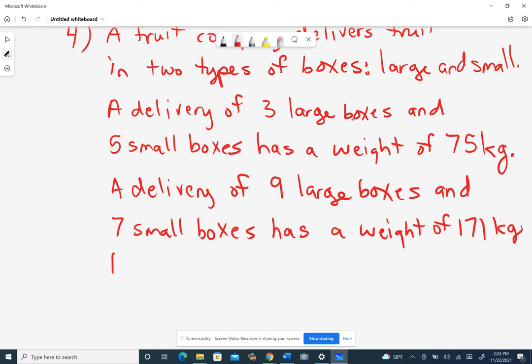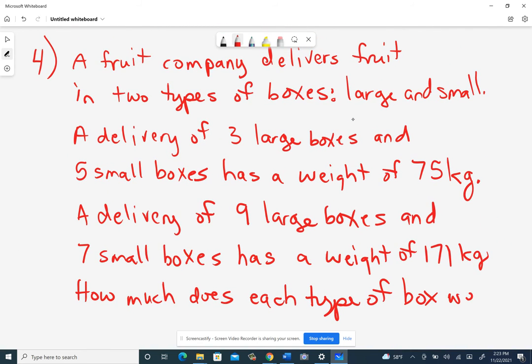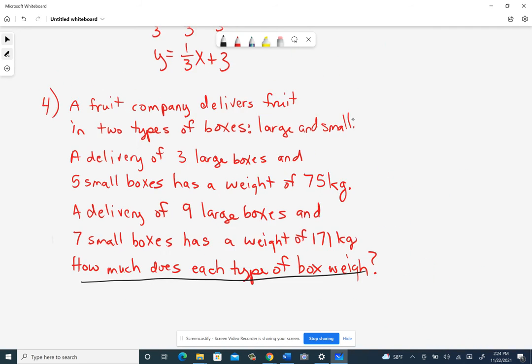And then the question they're wanting us to answer is how much does each type of box weigh? Okay. All right, so just kind of read through that. Remember, you scan it as you read through it to get the sense of what they're asking you for. But your focus is actually going to be down here at the question first. That determines what you're going to let your variables stand for.